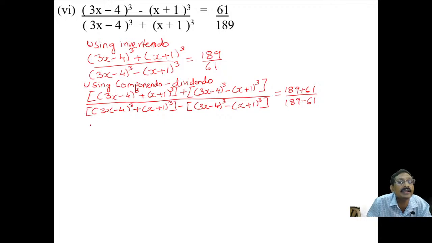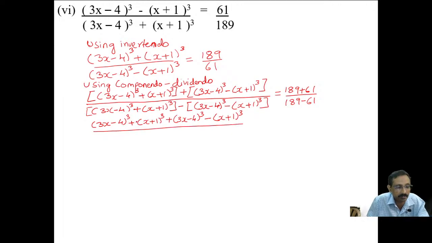Therefore what we will be getting is (3x minus 4) cube plus (x plus 1) cube, plus, and what is the sign? Plus over here, so we get plus (3x minus 4) cube, plus into minus gives me minus (x plus 1) cube, upon.